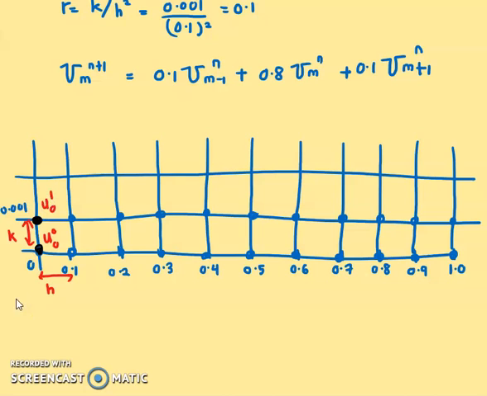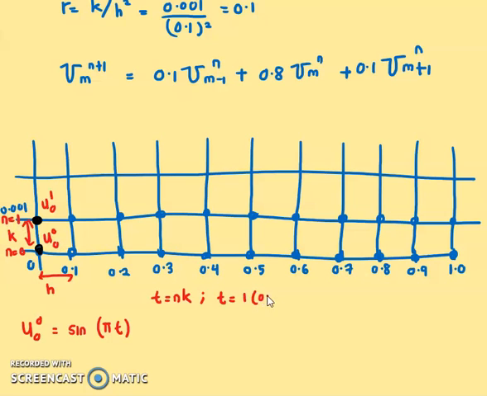So what is u 0,0? The boundary condition is given by sine pi t. Now t is n times k. My n is 0 here, and then n equals 1.